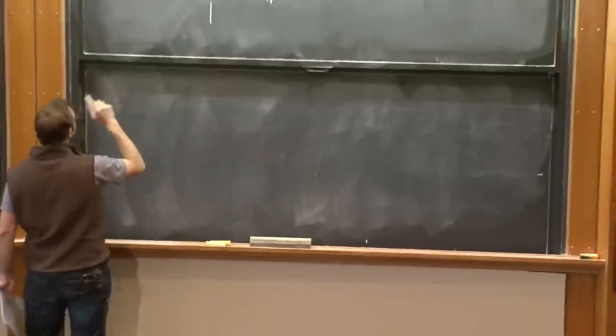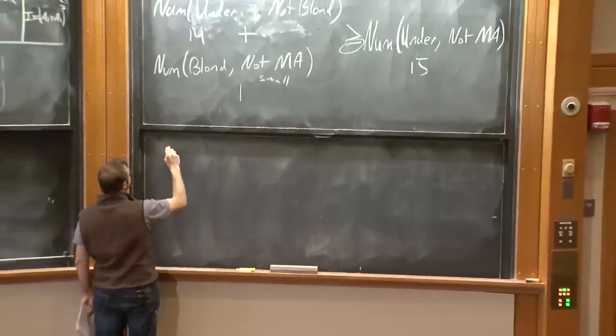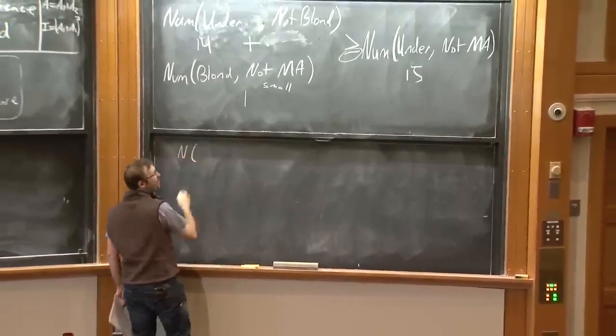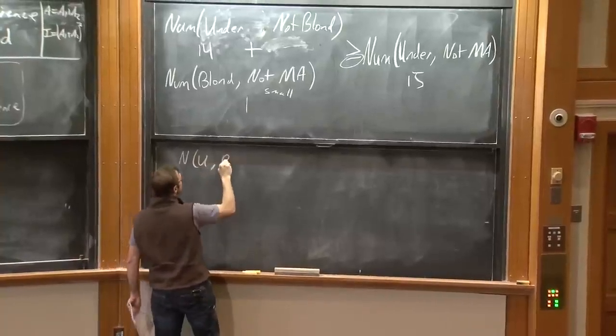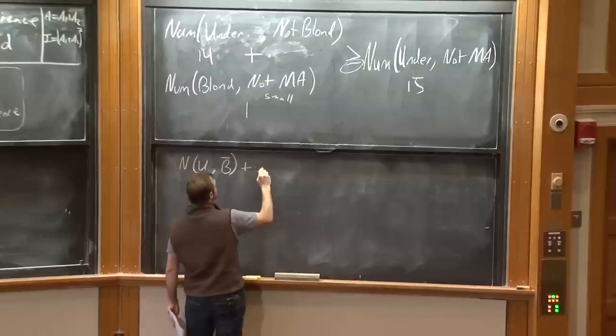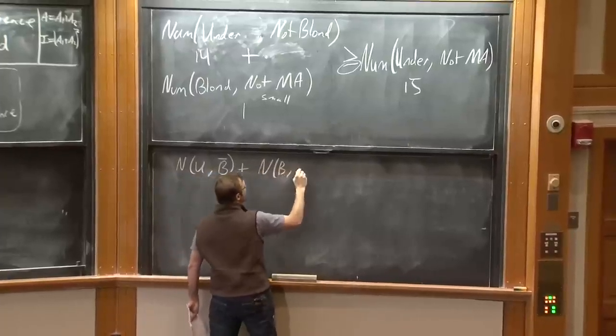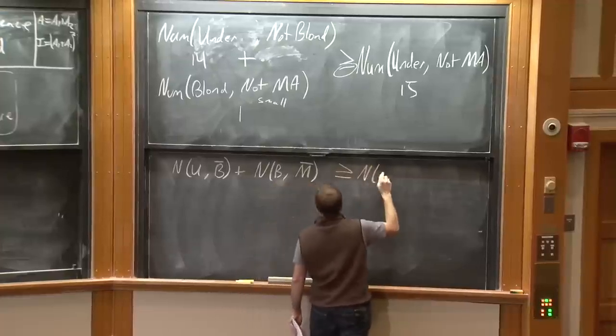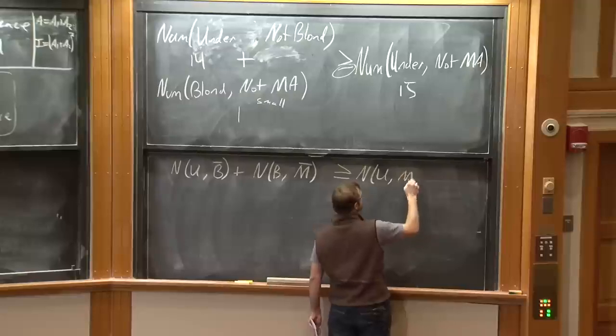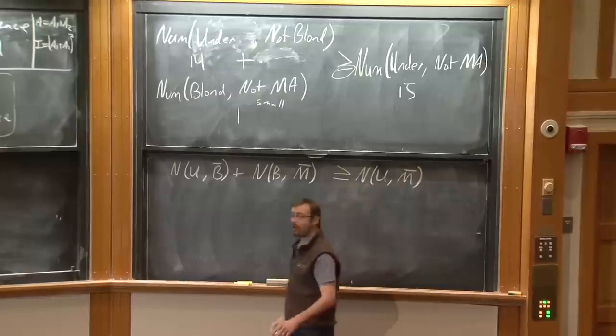And the way I'm going to prove it is in slightly more generality. I want to prove to you that the number of people who are undergraduates and not blonde, which I'll write as B bar, plus the number who are blonde but not from Massachusetts, is greater than or equal to the number that are undergraduates and not from Massachusetts. So how do I prove this?